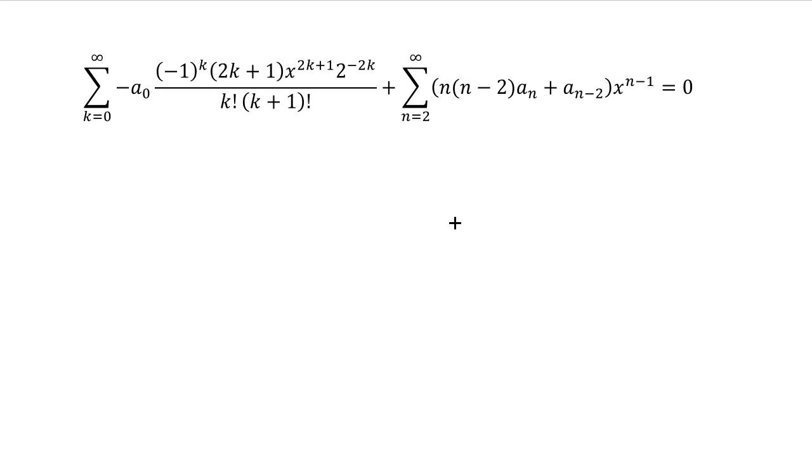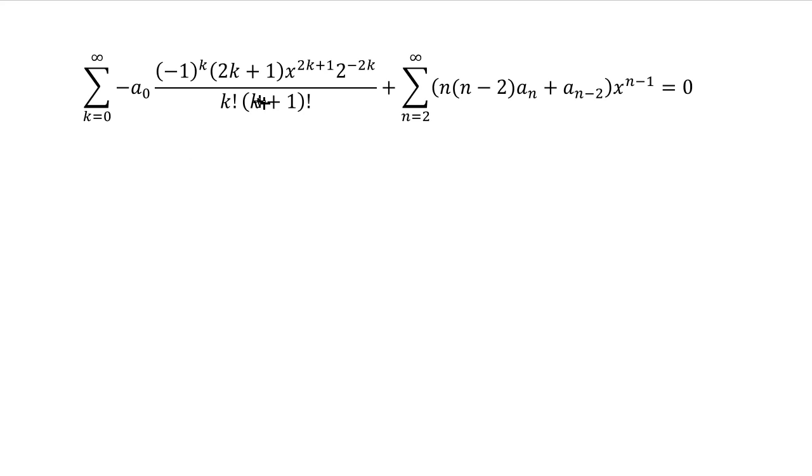And sadly, it's not possible to somehow shift this or that to combine this into a single sigma, because this one is producing only x to the odd power, whereas this one produces both even and odd powers of x. So there's no way to combine that into a single sigma.